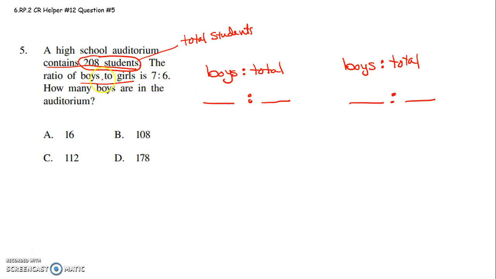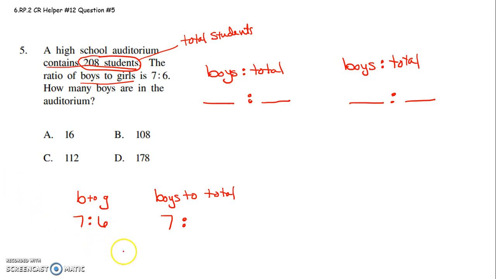If boys to girls is 7 to 6, what's boys to total? Well, boys is 7. How do I find the total? Boys to girls is 7 to 6.